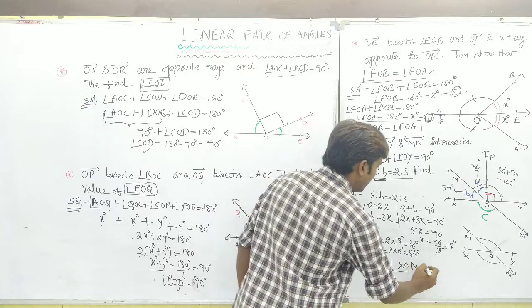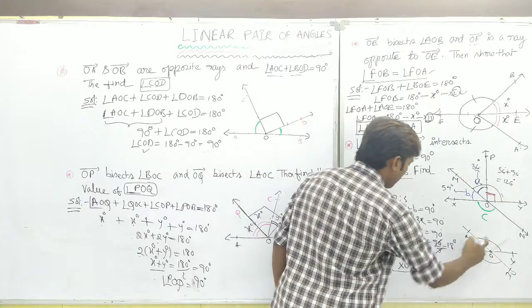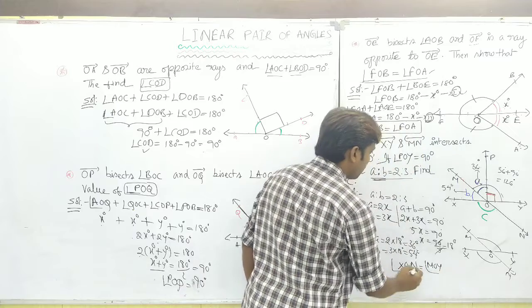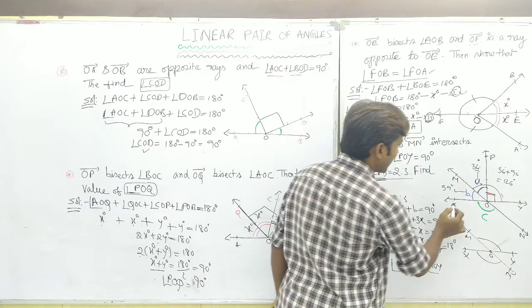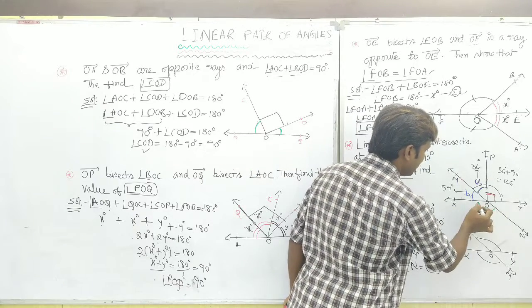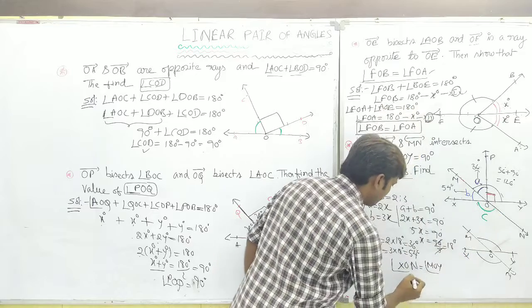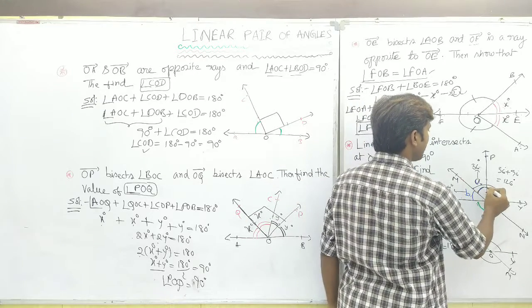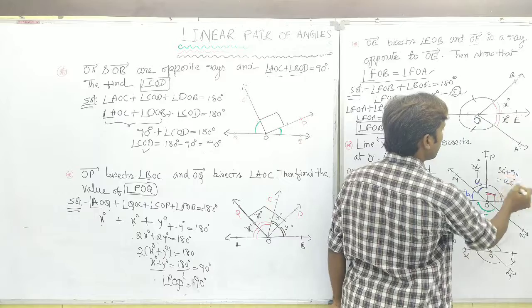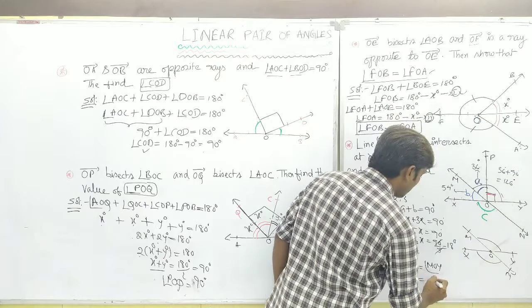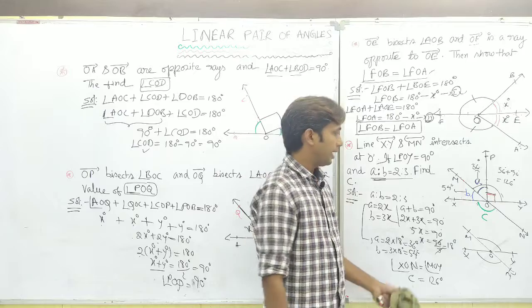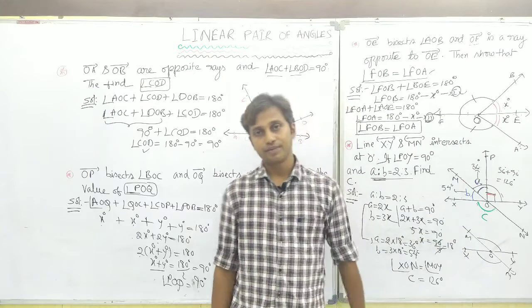Now tell me, XON equals what? MOY. Now tell me guys, what is the angle XYN? XYN is nothing but C, which is required. So this is C. How much is MOY? Here this is 36 plus this is 90. Overall it is 126. So the value of C would be 126. Thus we can find the angle C in this diagram.